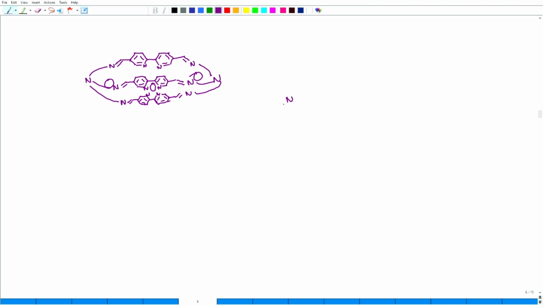So, this is a cascade complex. Suppose I have a mononuclear cryptand, and a metal ion binds here with these 4 nitrogens, and then what happens?